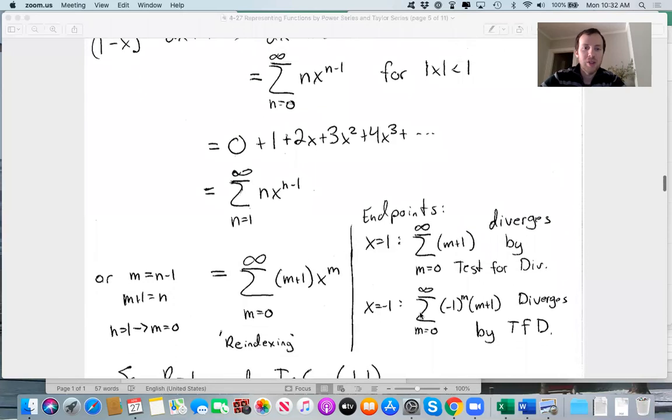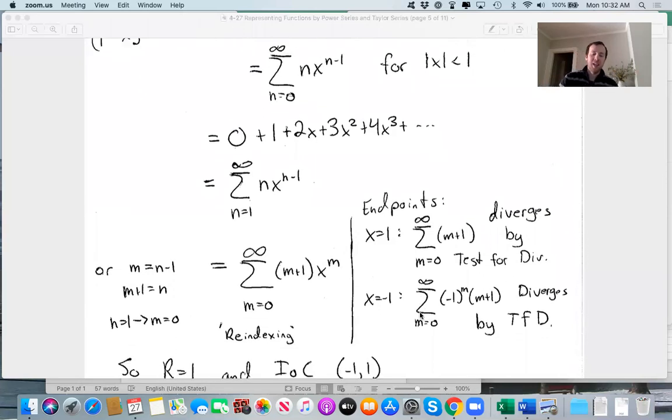So another sort of bookkeeping thing, which is not hugely important, but if it shows up and you haven't seen it before, you can have no idea what's going on. So it's good to address it here. Taking this form right here, the sum from 1 to infinity of nx to the n minus 1, what you might think is, it was kind of nice having the exponent just be the variable, a whole number, instead of this n minus 1.